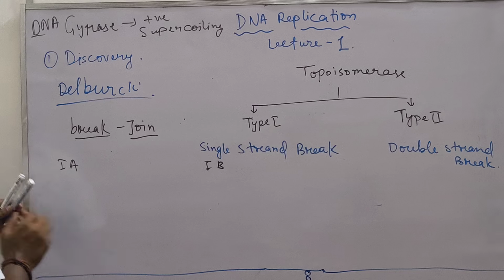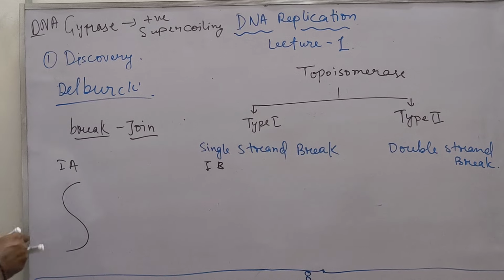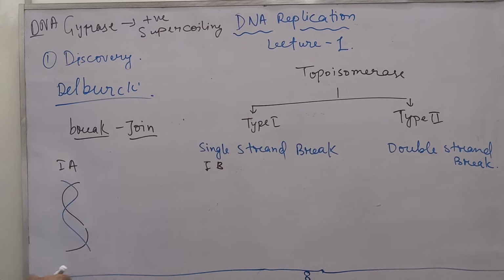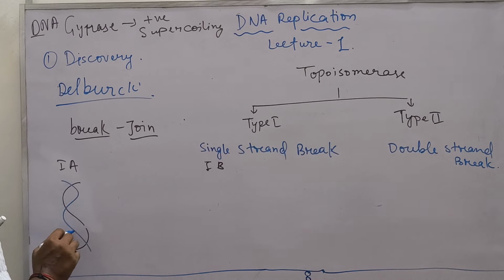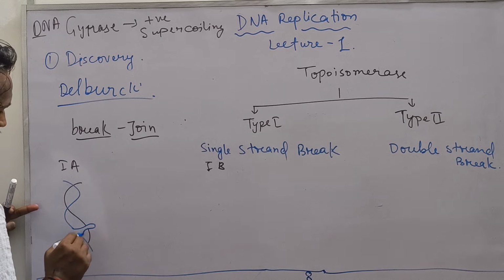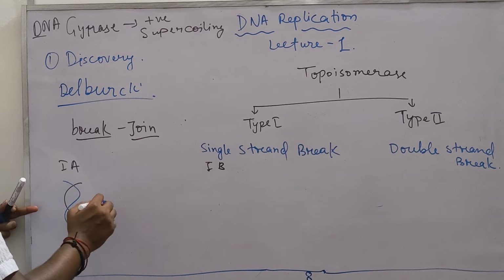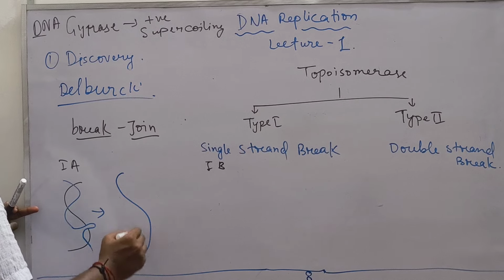It will be easy to understand. Okay, now suppose we made one break here, and what we will do, we will pass this strand from here, and finally you will get this type of opening.